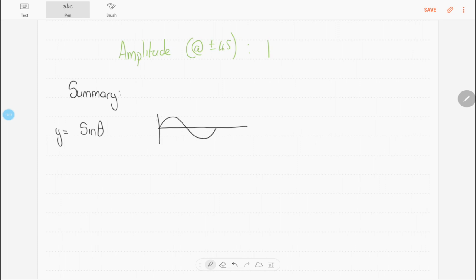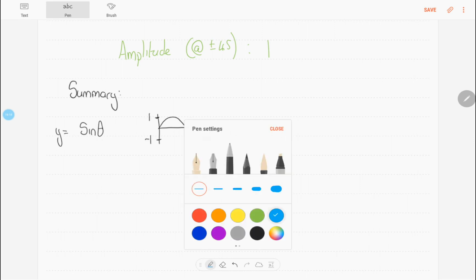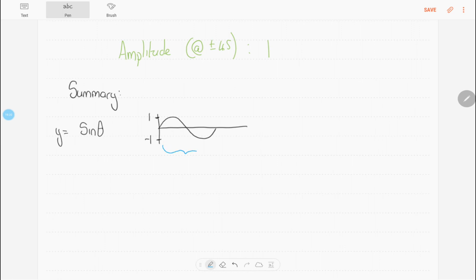We know that our amplitude is 1 and negative 1, and that our period is equal to 360 degrees. Remember, it starts at 0, goes up at 90, down at 180, all the way down at 270, and then back up at 360 degrees.